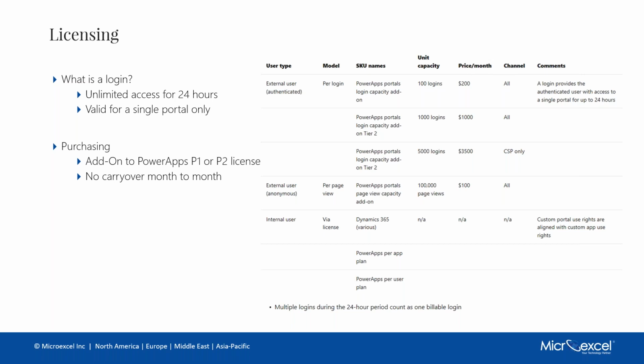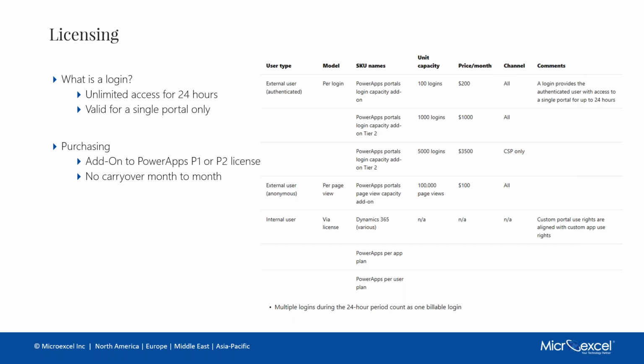So if I have 2 portals in my tenant that both require logins, and Amit logs into one, and then he opens the other one and logs into the other one, that is 2 logins, one for each. So it is unlimited access for 24 hours per portal.